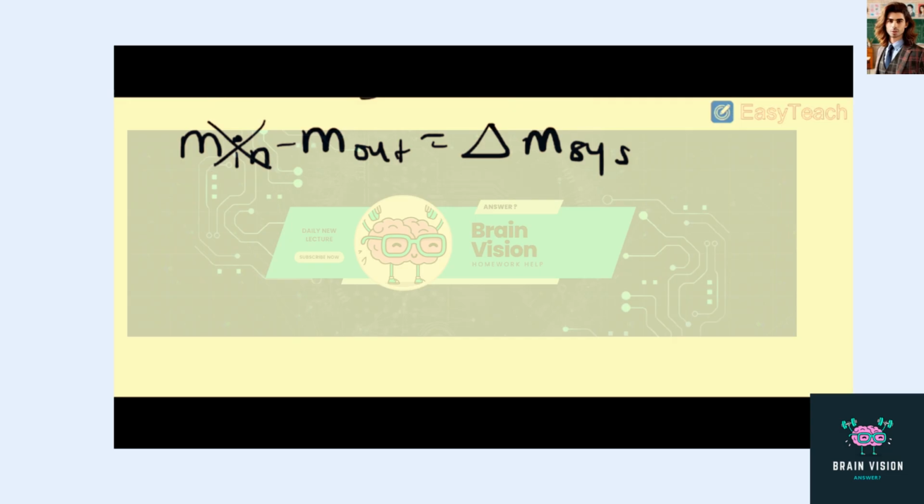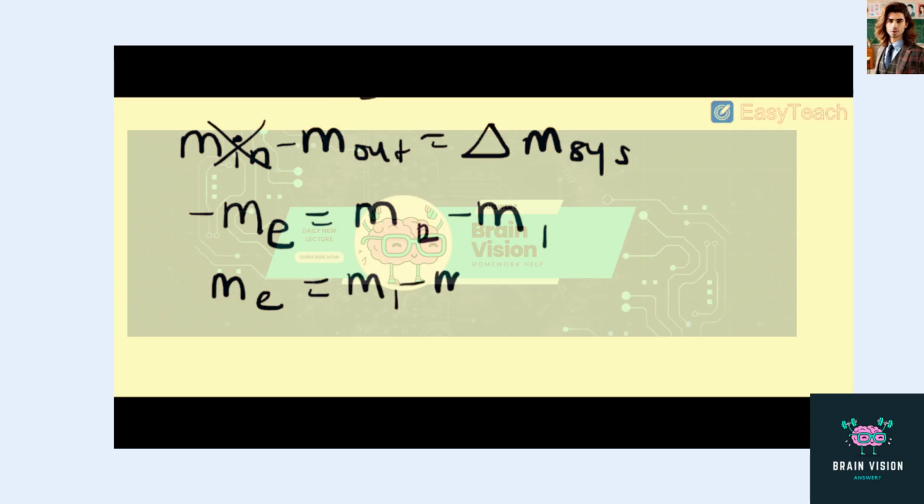So M out is just ME, so minus ME is equal to M2 minus M1. And we can go ahead and say ME equals M1 minus M2 by just bringing that minus sign over. Plugging in for these quantities, we'll see that the mass exiting is equal to 6.8 pound mass. And that's the mass that leaves.